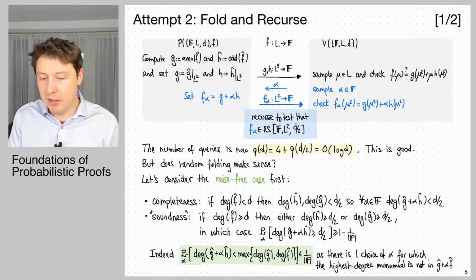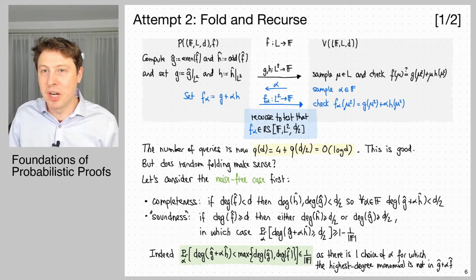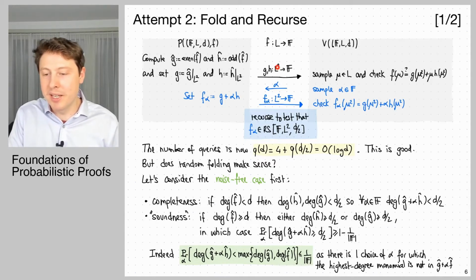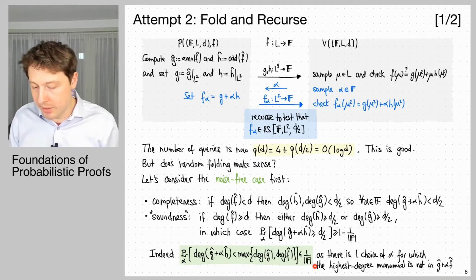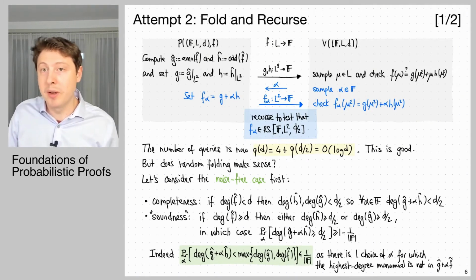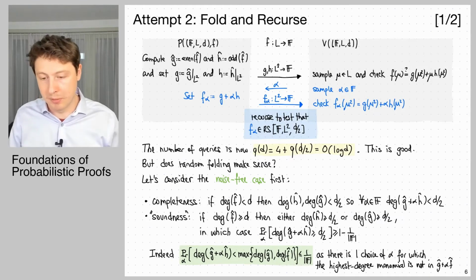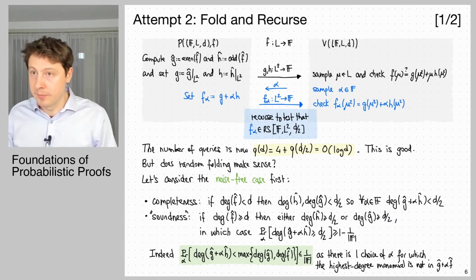Without alpha, I can't just add them up, I can't just do g plus h. Maybe it just happens that they cancel each other out, and from something that was high degree, now the sum is 0. So alpha is very important, and it's coming up here. Now this doesn't tell us anything about testing. It's just making sure that we have some sanity checks and basic intuition about the folding. All right? Are we fine with this slide?